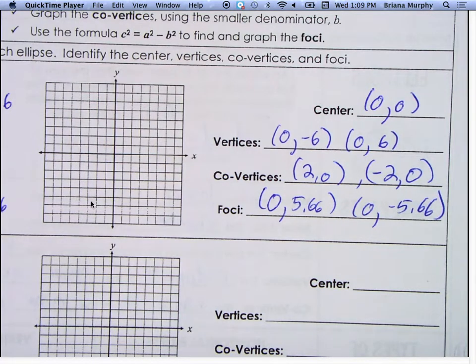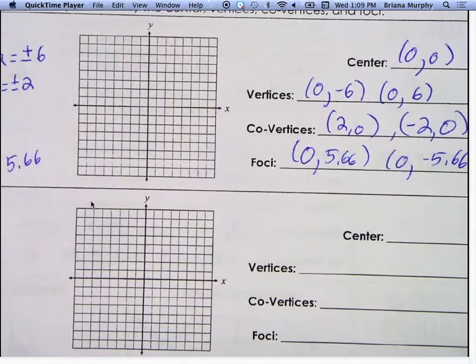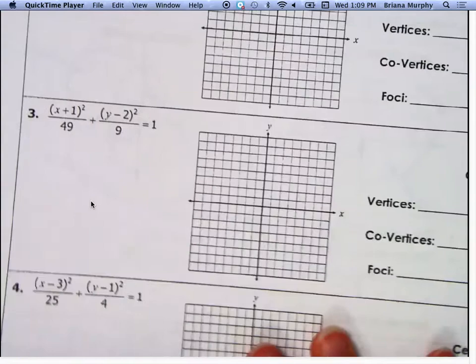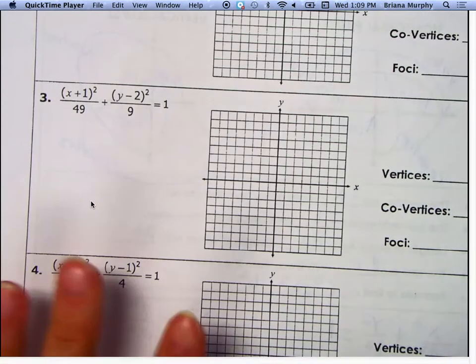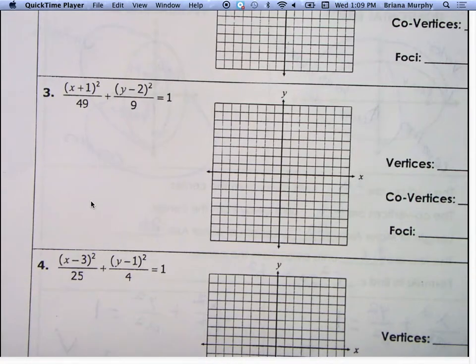Okay, so we're going to skip number 2, and we're going to go to number 3. So I'm going to ask you the same types of questions again, and you're going to learn to ask these for yourself.